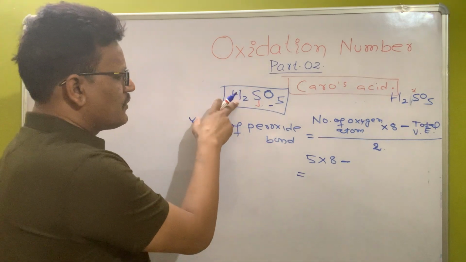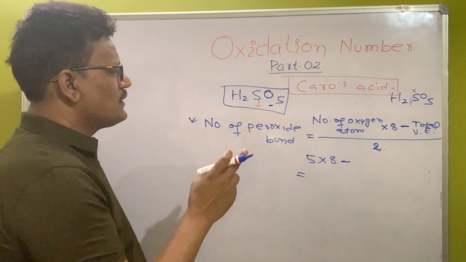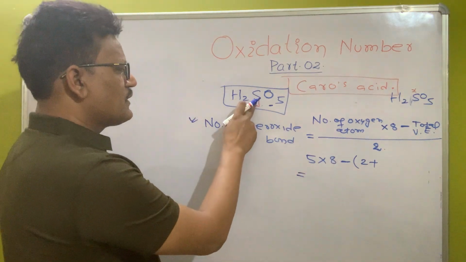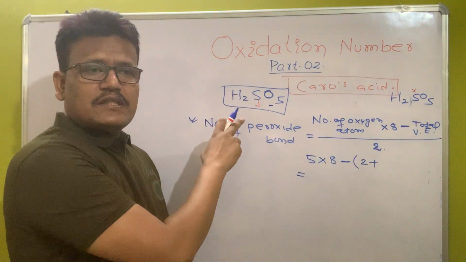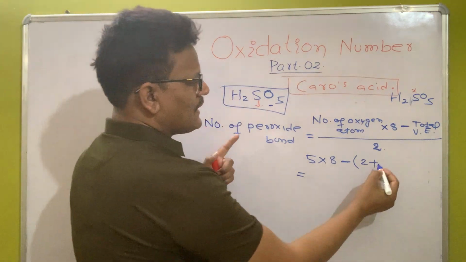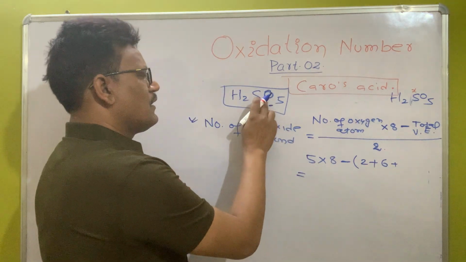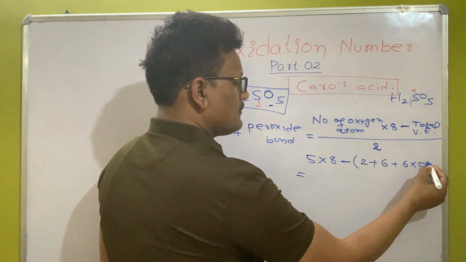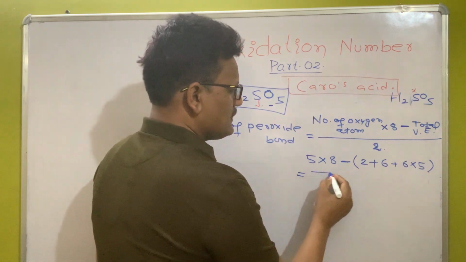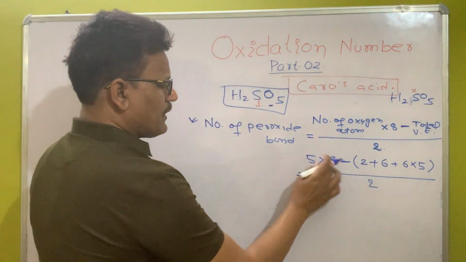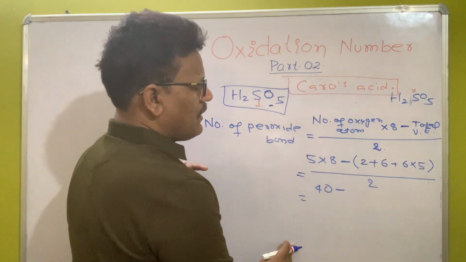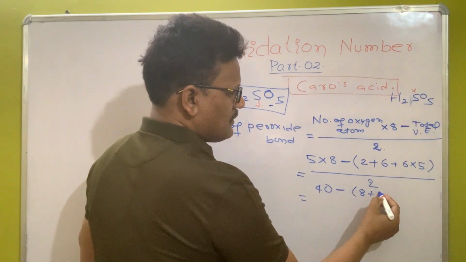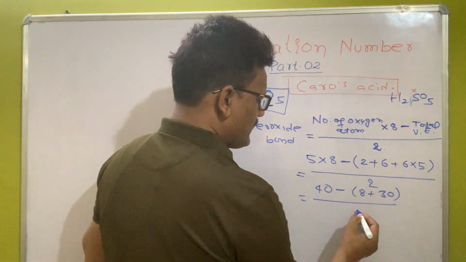For hydrogen, each hydrogen has 1 electron, so 2 hydrogen atom will have 2, plus for sulfur, the outermost shell of sulfur has 6 electron, plus 6, and oxygen also have 6 electron multiplied by 5, because we have 5 oxygen, and divided by 2. 5 8s are 40 minus 8 plus 6 5s are 30, divided by 2.